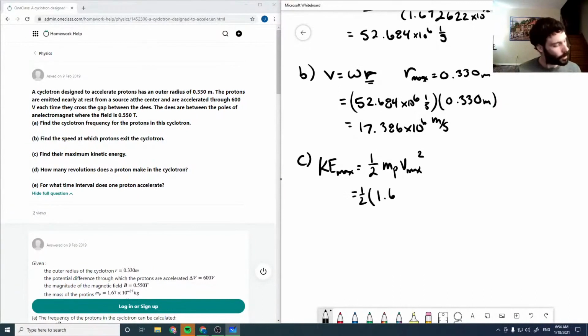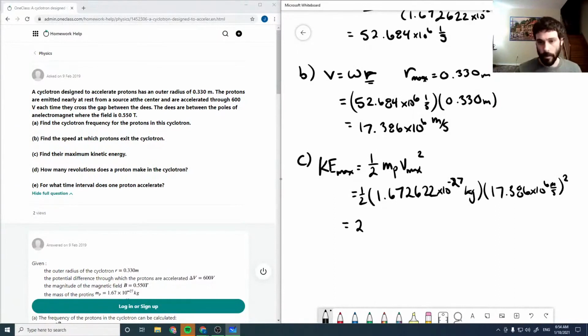So mass of a proton is this 1.672622 times 10 to the minus 27 kilograms times our speed at max squared. And that equals 2.528 times 10 to the minus 13 joules.